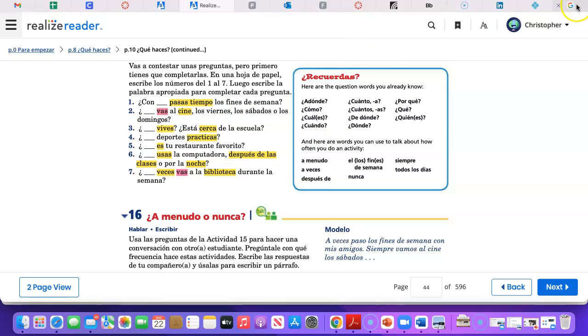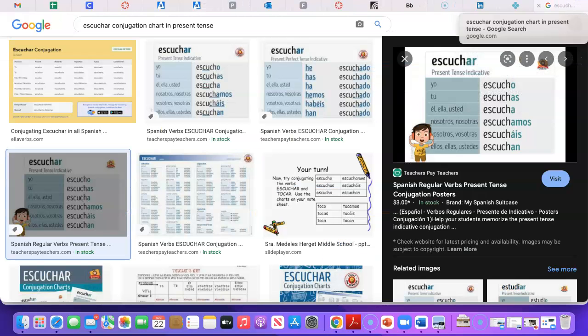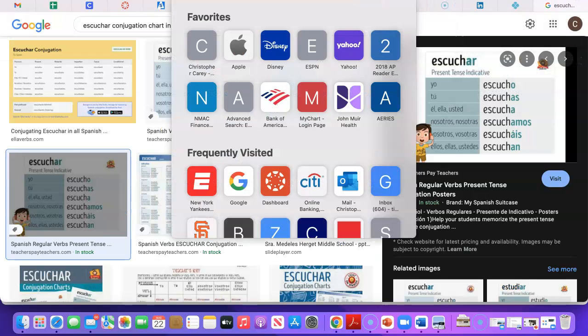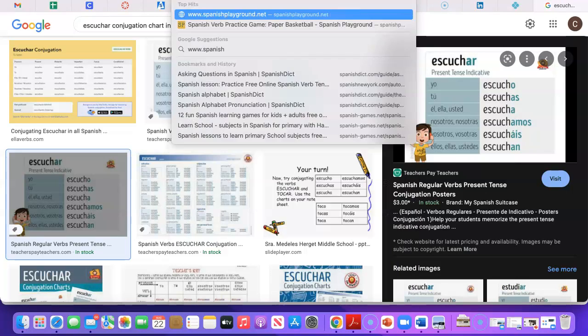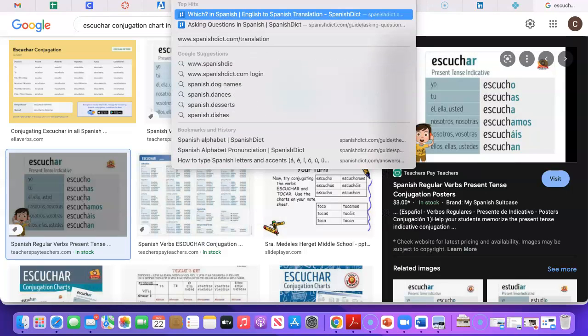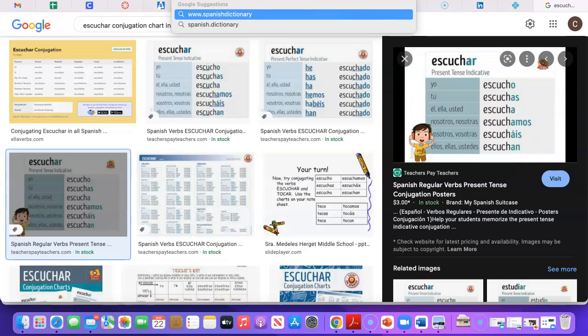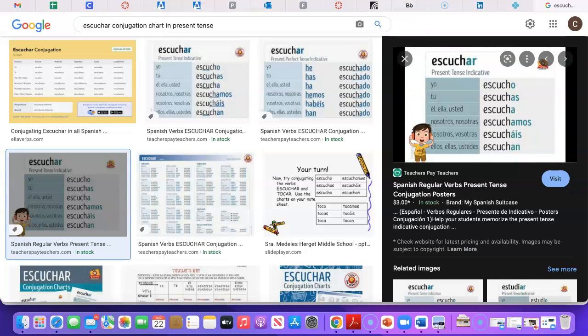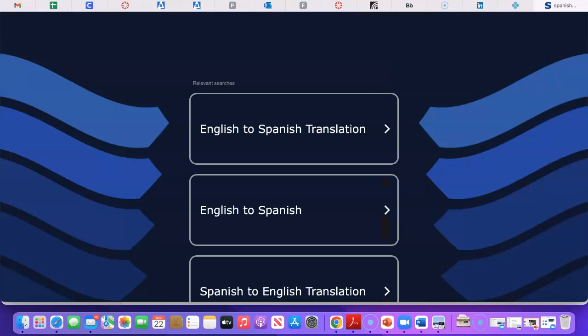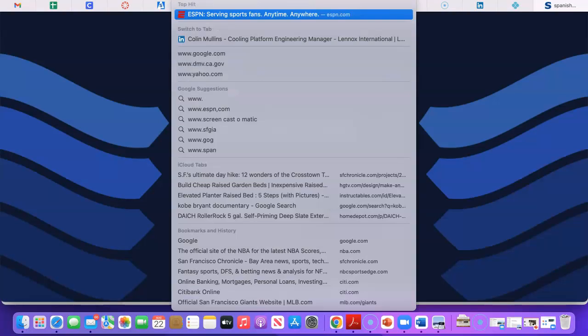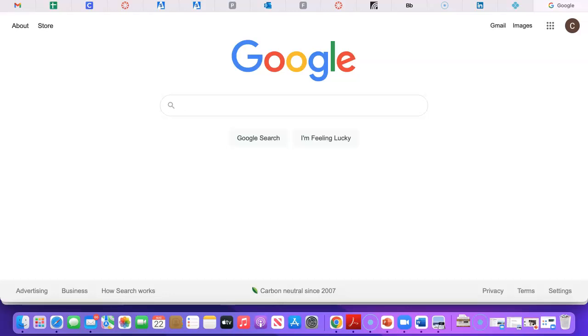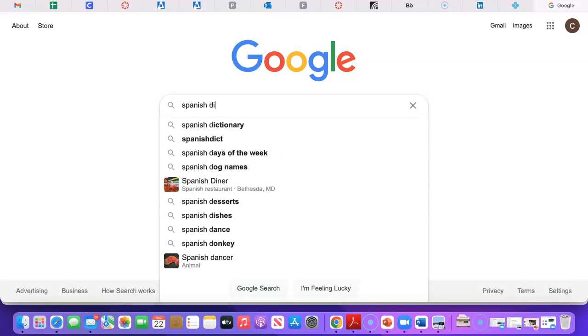So anytime you're not quite sure, I'm going to go to Spanish dictionary. And I'm going to show you what you can do anytime you come across a verb that you're not familiar with.